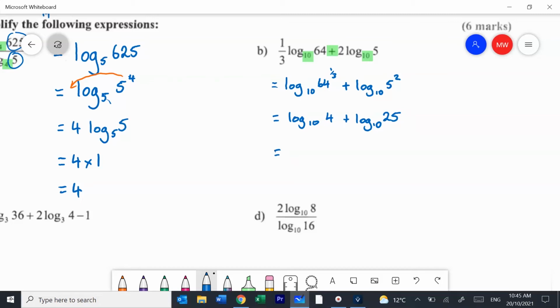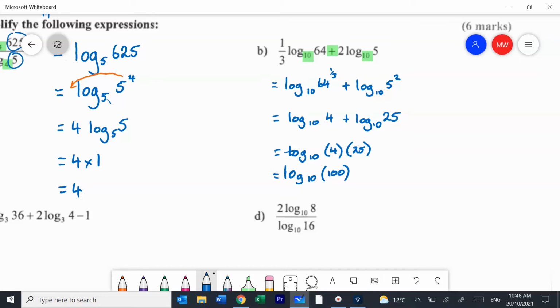So that means that really what we've got here is log 10 to the 4 times 25, or log 10 100. And rather than stop there, I know that 10 squared is 100, so I know we can take this one just a little bit further.